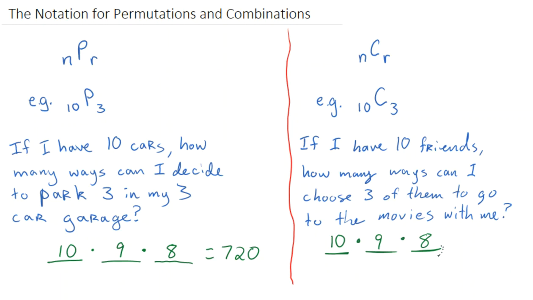So this is where I have to divide off all the repeats that are based on just rearranging the same 3 friends. And so the way you do that is to divide by the number of things you're permuting. So in this case, you would divide by 3 factorial, which equals 6. So when you calculate that out, you get 120.